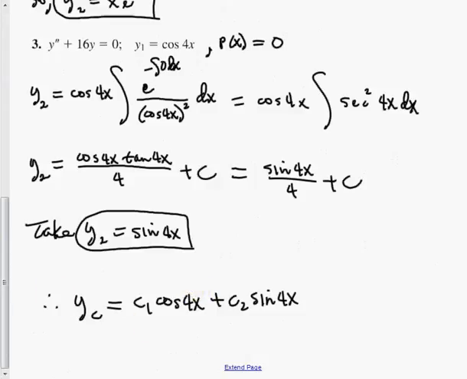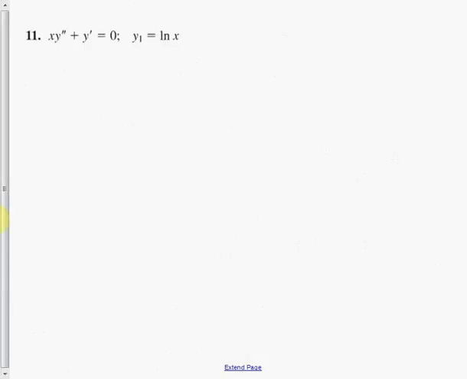So I think there was one more. Oh, this one right here. We'll do this one, and then we'll give the introduction to 4.3. This problem has the implication that y double prime plus 1 over x times y prime is equal to 0.